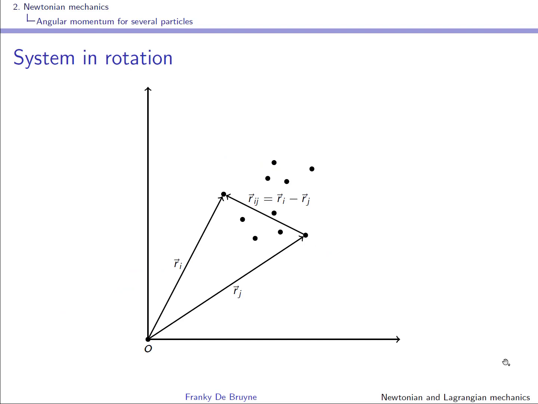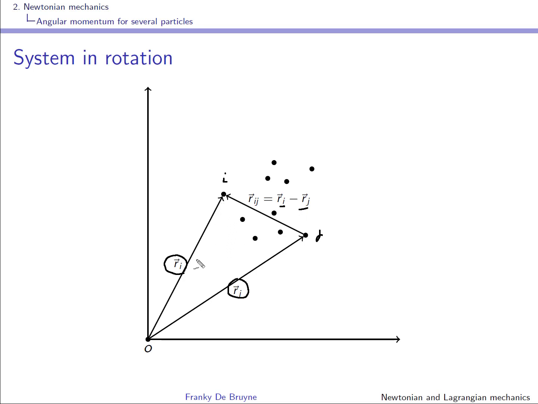Okay, we'll now look at how things go when we consider the total system of particles in rotation. Remember my system of particles. I have particle i over here, j, the position vector of particle i, position vector of particle j, and what I will be needing is the difference Ri minus Rj, right?